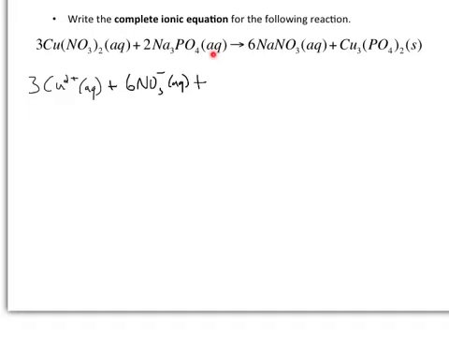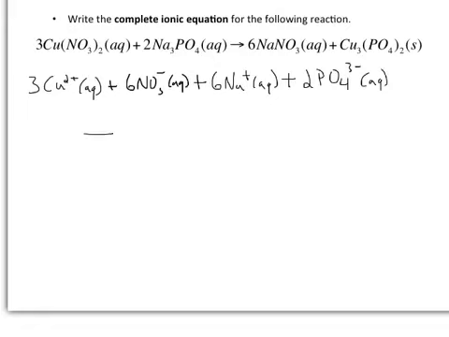And just like the nitrate, in each formula unit I have 3 sodium ions, but because I have a 2 in the balanced chemical equation, I'm going to have 2 times 3, or 6 sodium ions. And then finally, I'm going to have 2 phosphates. All right, so we're done with our reactants.